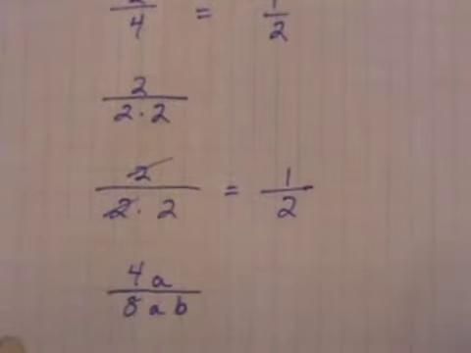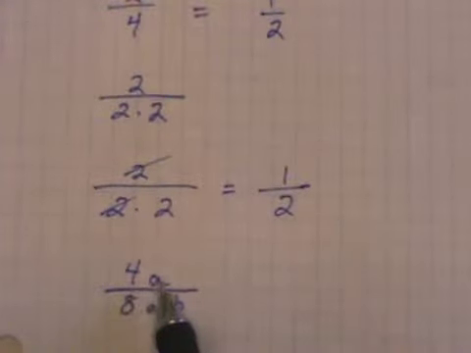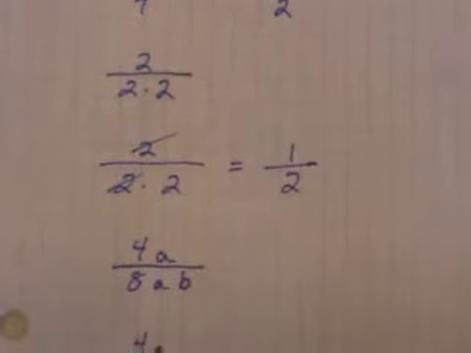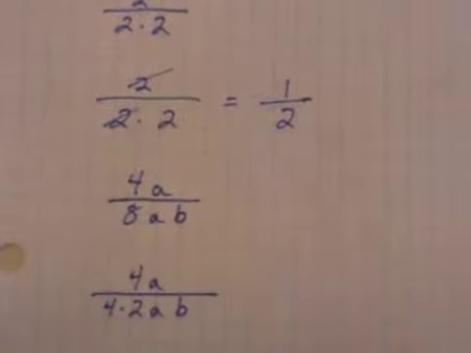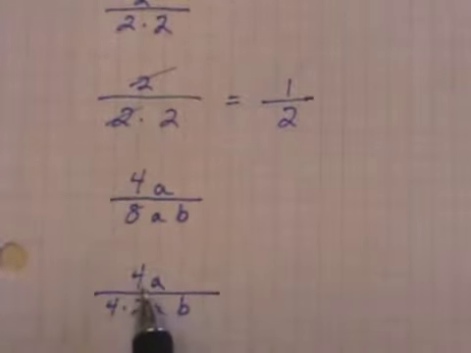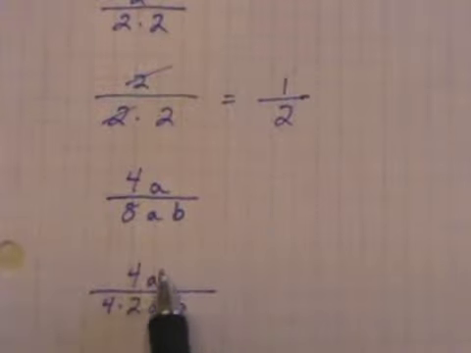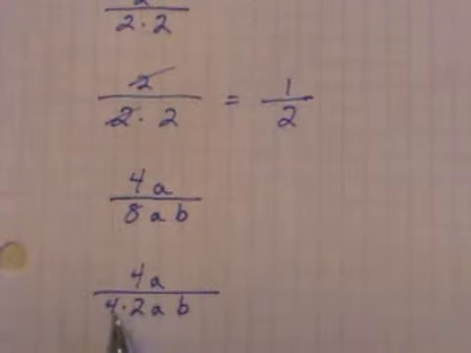Similarly, when you have something that looks like this, 4a over 8ab, you can simplify this quite a lot before you have to do anything else with it. I wrote out every single step, so hopefully this will be crystal clear for you. 4a over 8ab is the same thing as 4a over 4 times 2 times a times b, right? Because 8 is equal to 4 times 2.